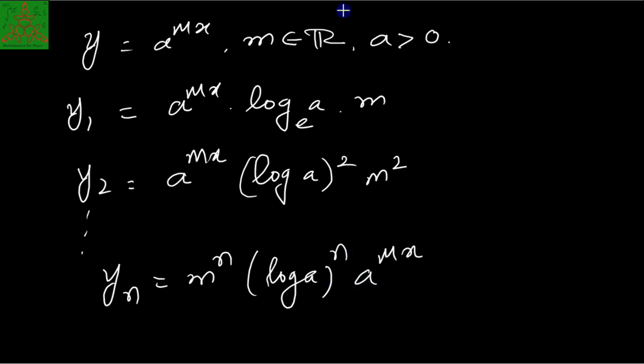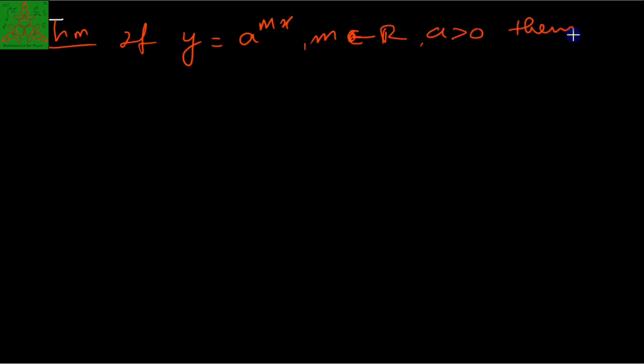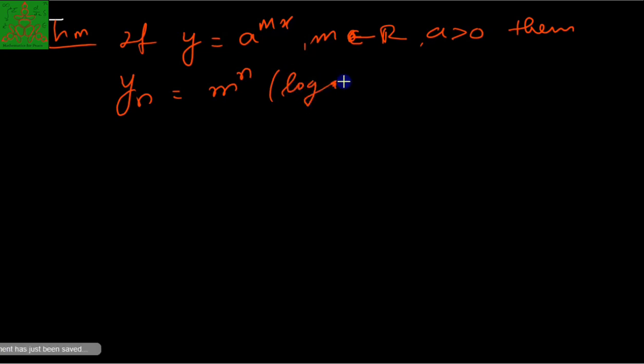So the statement we can make from this discussion is that if y is equal to a power mx, where m belongs to R and a is greater than 0, then yn is m power n log a power n a power mx.